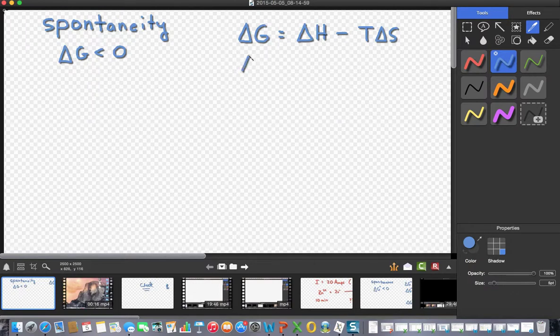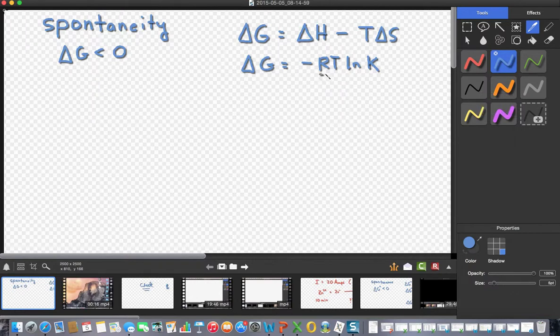Also, we can express delta G as a function of the equilibrium constant, which is minus RT times the natural log of the equilibrium constant, big K. And now that we've done kinetics, it's important to distinguish big K from little k.